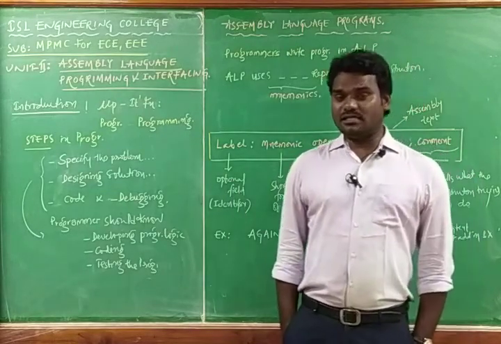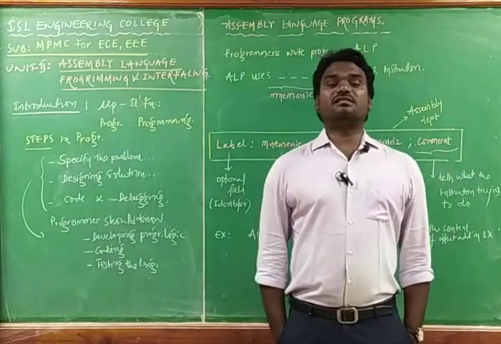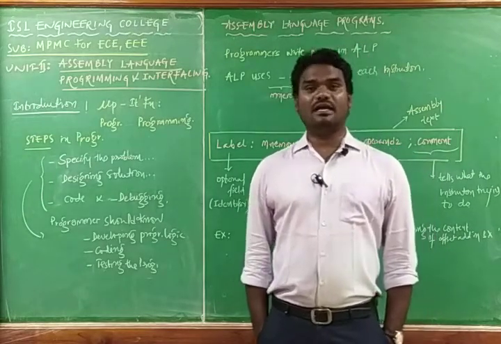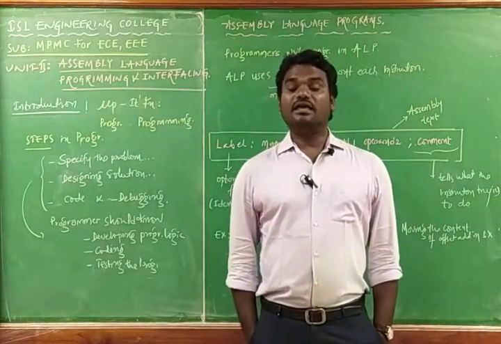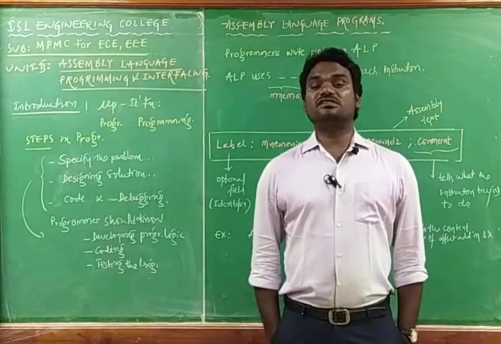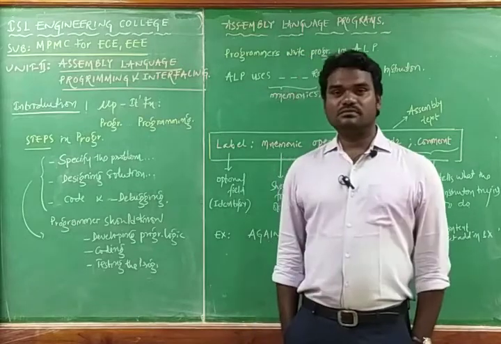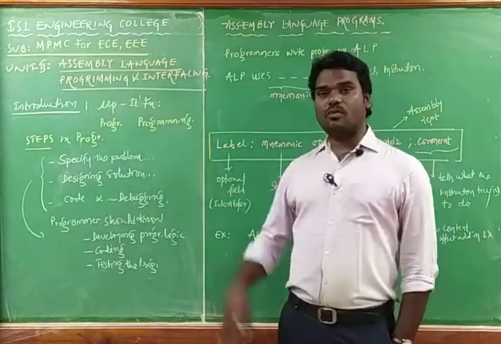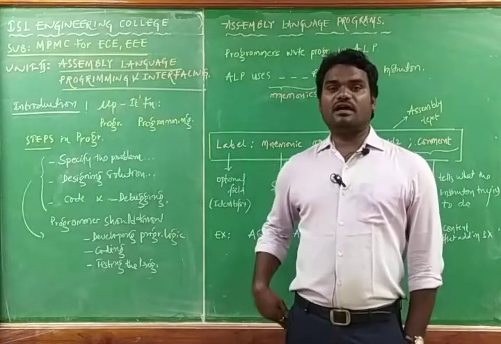In this entire operation, instructions have been doing some operation on the data. A set of instructions is called a program. We have defined the microprocessor. Then what is the function of the microprocessor? We have explained in the first unit itself.